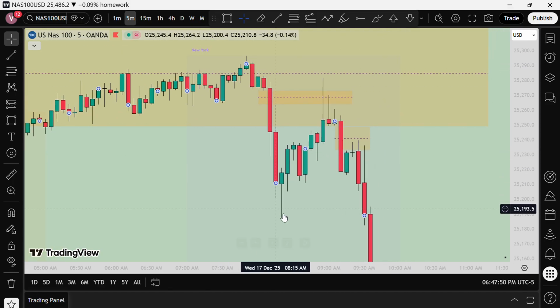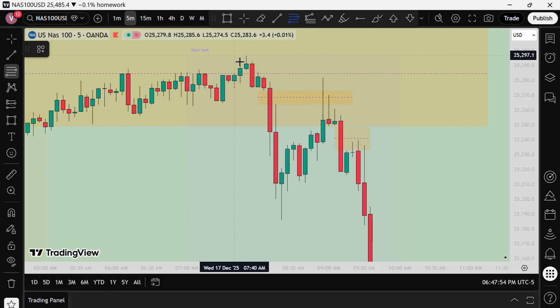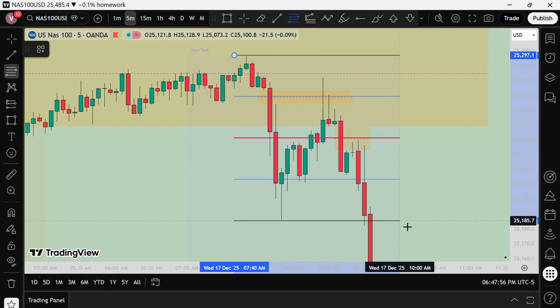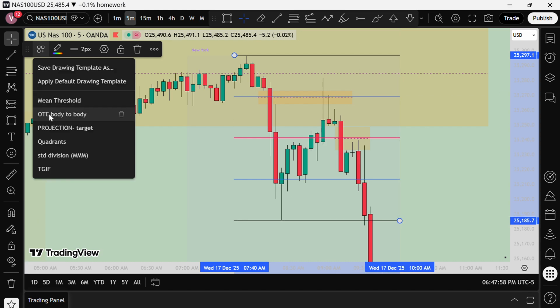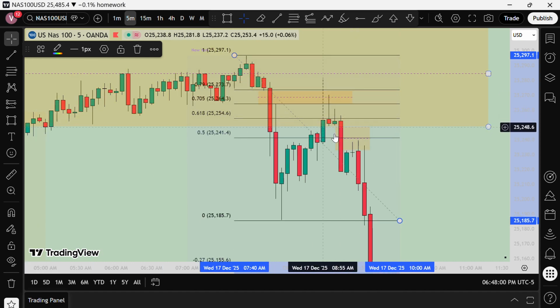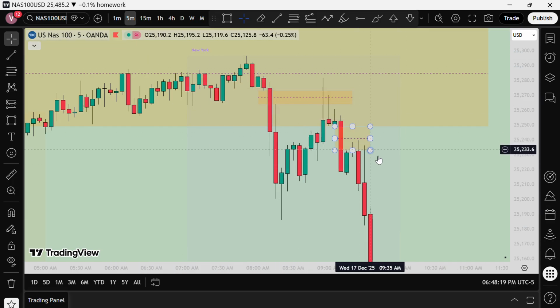If we take this entire swing leg, we use it from body to body for OTE. Let's see, yes, it stays right at the lower end of that OTE grading, even here. So this would have been a good entry for us before the 9:30 opening.